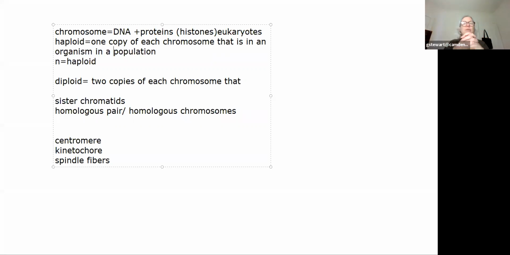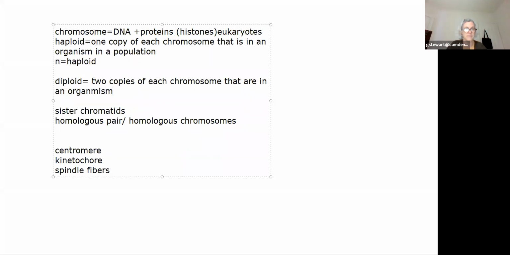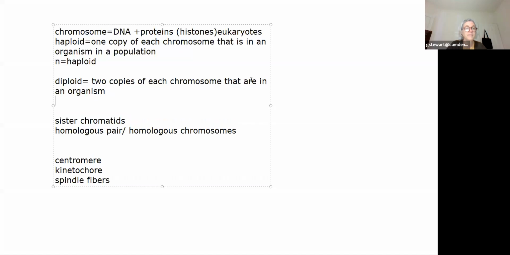What I'm trying to get to there is, if all fruit flies have 4 chromosomes, n equals 4. All fruit flies in a population have 4 chromosomes, but each fruit fly itself is diploid, meaning they have 2 copies of each of those chromosomes. So that means they would be 2n equals 8, right? 2 copies of each chromosome. So we say 2n is diploid.